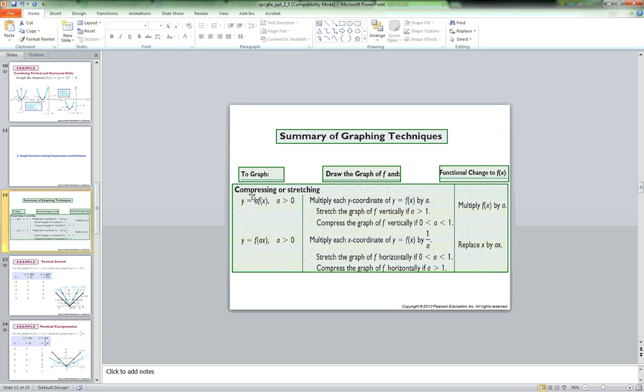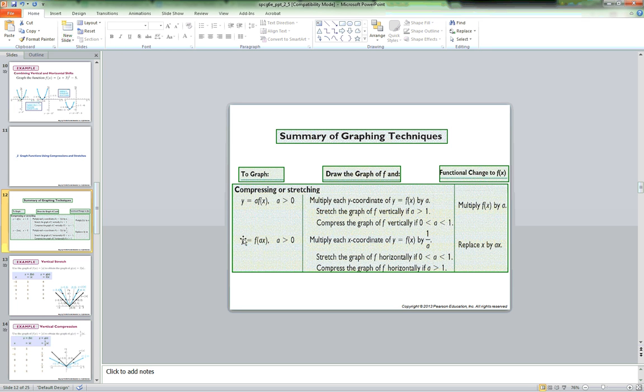When we are compressing or stretching, if we take any real number a and multiply it by our entire function, it stretches vertically if a is greater than 1, and it compresses vertically if a is between 0 and 1. And I'll show you an example of that.